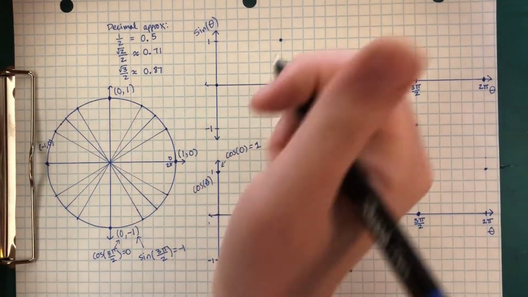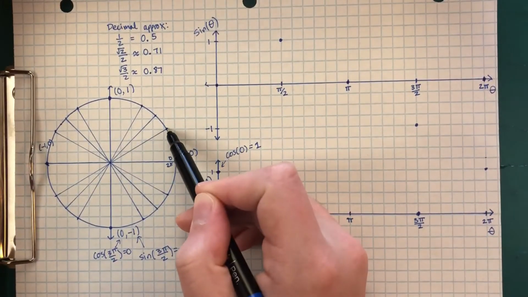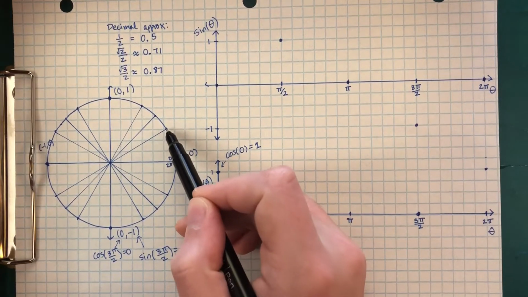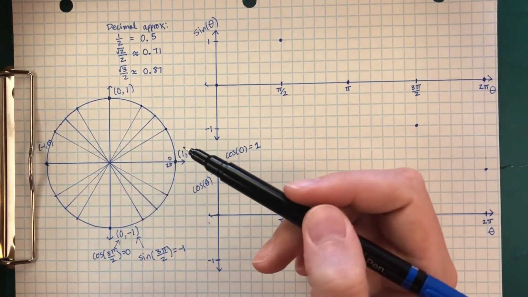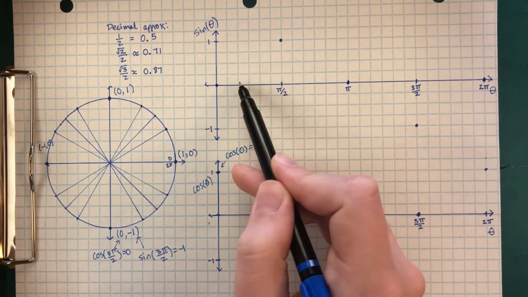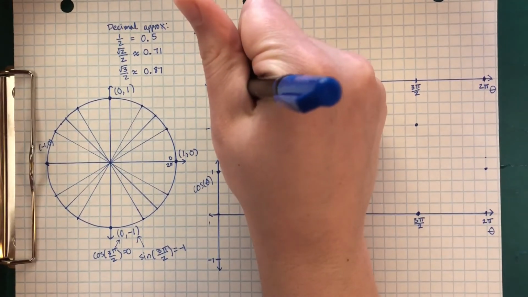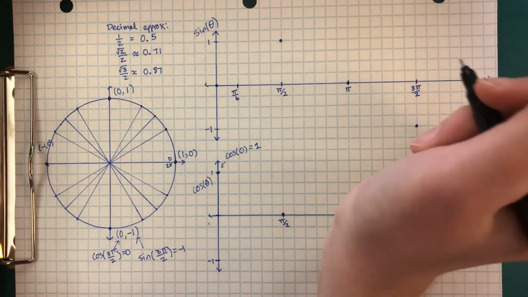Okay. So, for example, this angle is 30 degrees, or pi over 6. And it's 1/3 of the way between 0 and pi over 2. I've got 6 boxes here, so 1/3 of the way means it's 2 boxes in, is pi over 6.